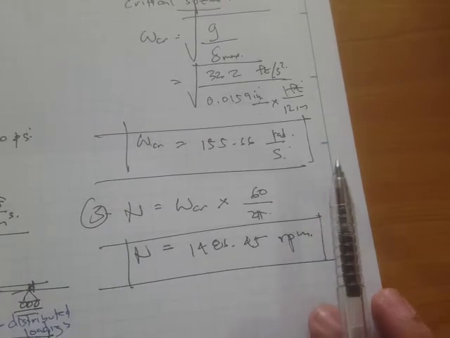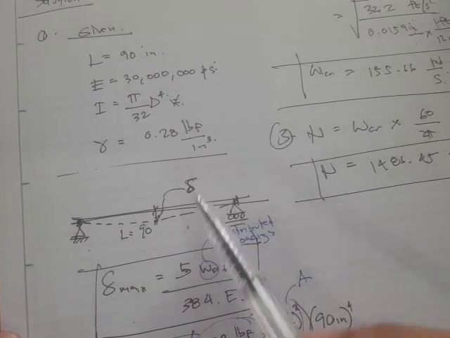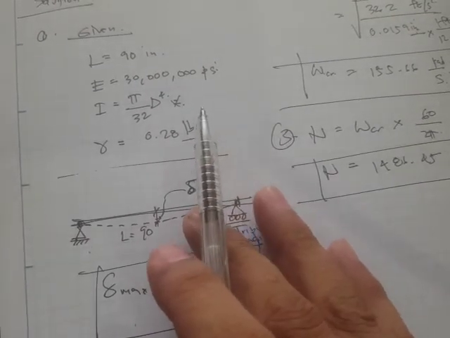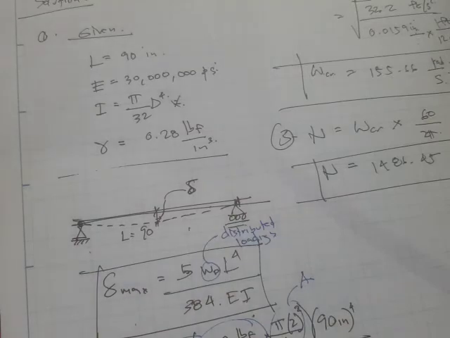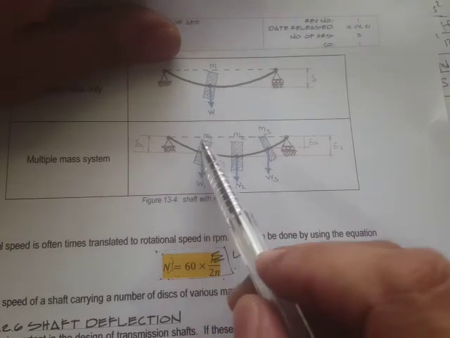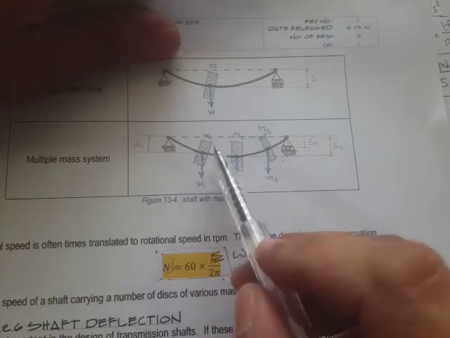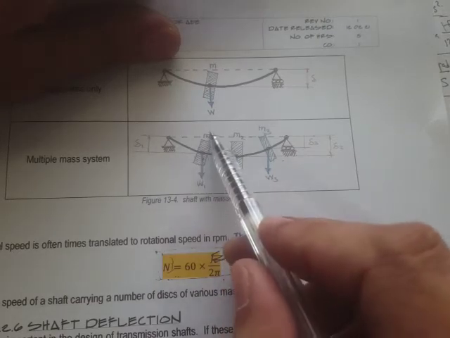If you have a multiple mass system, like a rotating disc right here, let's say we have three masses, then you just have to solve for the individual masses.